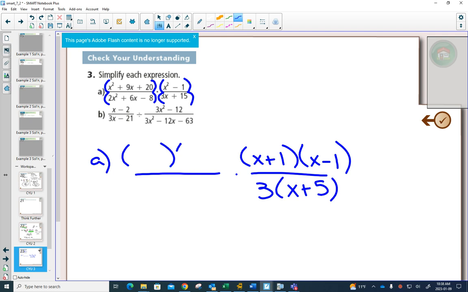X squared plus 9x plus 20. The only way to get x squared would be x and x. And now these last ones have to multiply to give me 20, so that my outside and inside give me 9x. It's going to be 5 and 4. They would both have to be positive, so that my outside and inside make 9x.